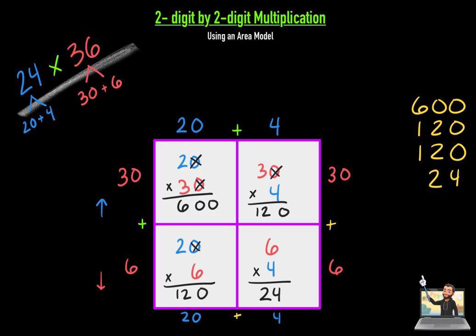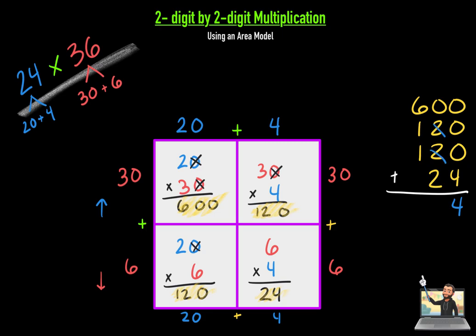Forgot that last 24. So now I'm going to take all of these partial products, this 600, this 120, this 120, and this 24, and I'm going to add them all up so that I can find out what my final product is. Now, as I add this up, I'm going to get 4 in the ones place.